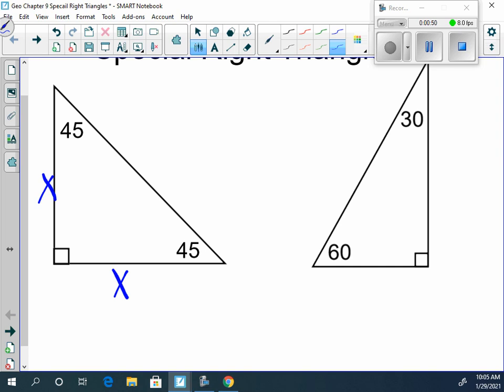And the hypotenuse, as well, is going to be whatever that value is that's the same times the square root of 2. So the sides opposite the 45 degrees are the same. The side opposite the 90 degrees is whatever that measure is times the square root of 2. And well, if we're given the hypotenuse, well, we can divide it by the square root of 2 to get the other two sides.